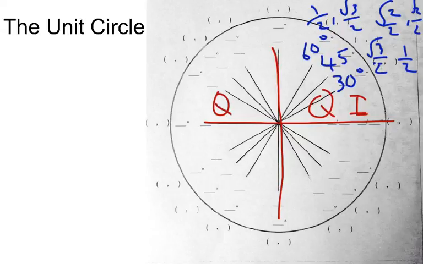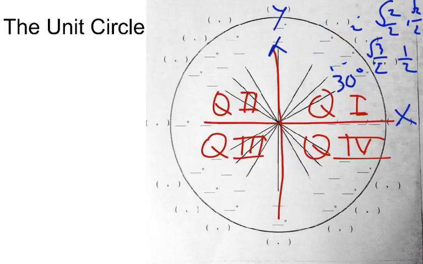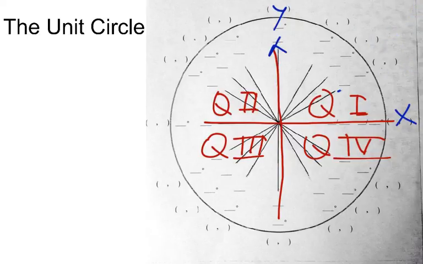This is Q2, this is Q3, this is Q4. Remember, this is my X and this is my Y. Let's go over the signs for each quadrant and we go from there.